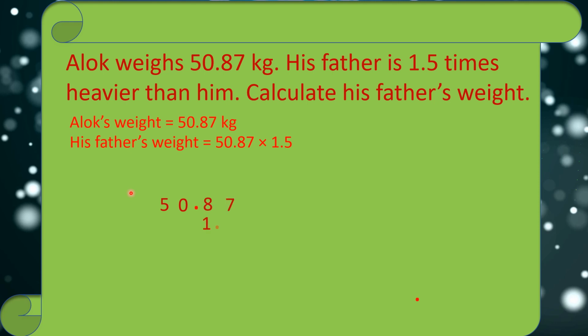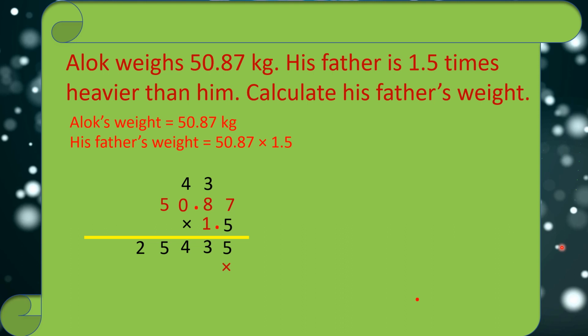50.87 multiplied by 1.5, and we will multiply just by ignoring the decimal point first. So we will multiply: 5 sevens are 35. We will write 5 here, 3 as carry, 5 eights are 40, 40 plus 3 is 43. We will write 3 here, 4 as carry, 5 zeros are 0, 0 plus 4 is 4, 5 fives are 25.